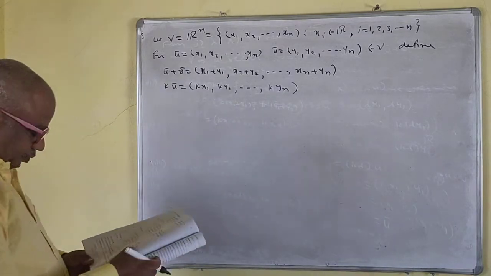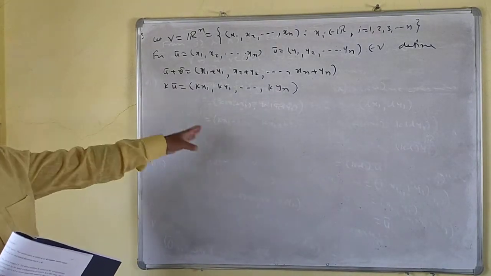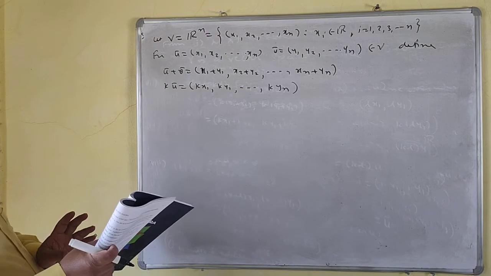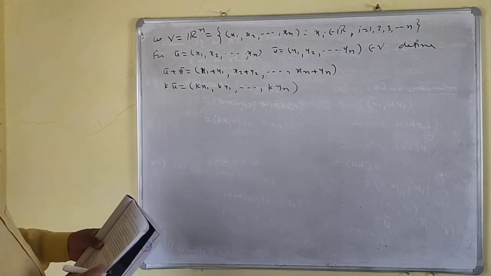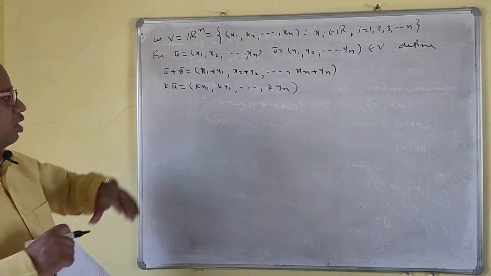Okay, so that means what? This is the usual addition and scalar multiplication. This is called n-tuples.